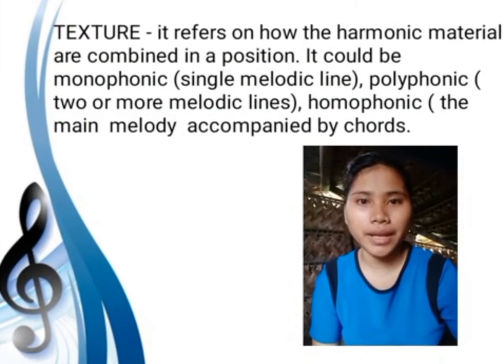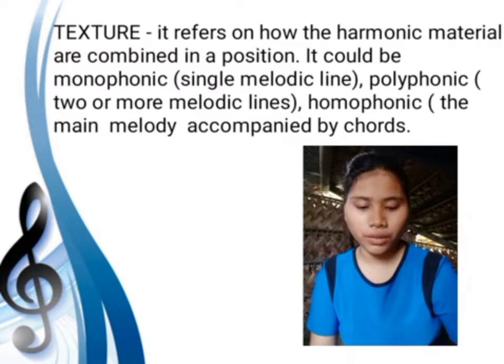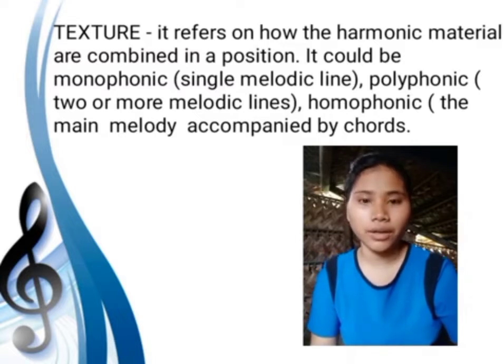The next element of music is texture, which refers to how the harmonic materials are combined in a composition. It could be monophonic, from the word mono, which means single or one.